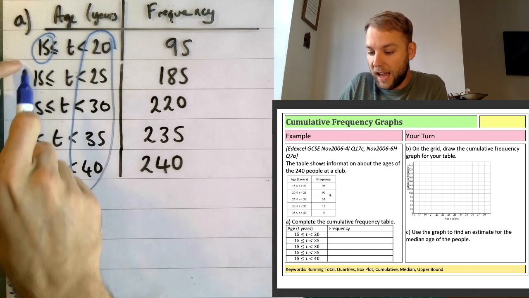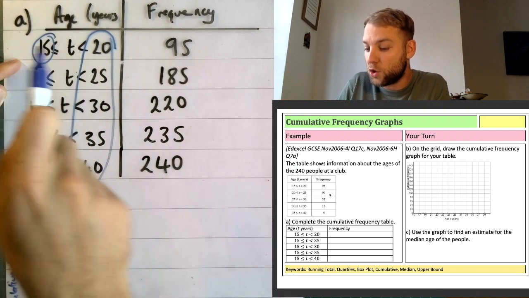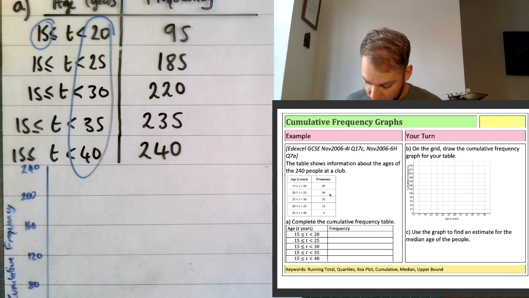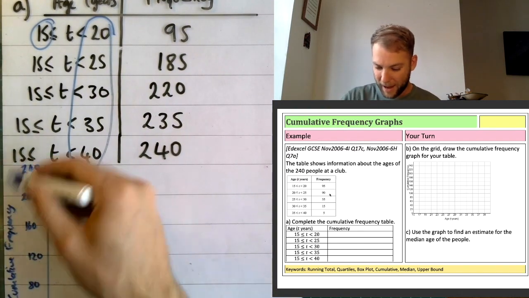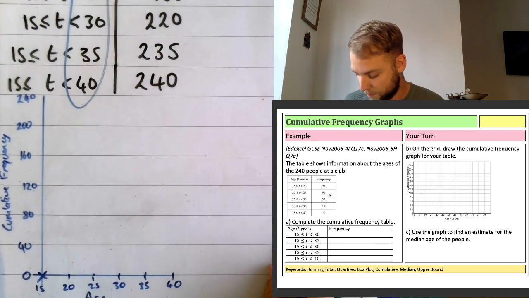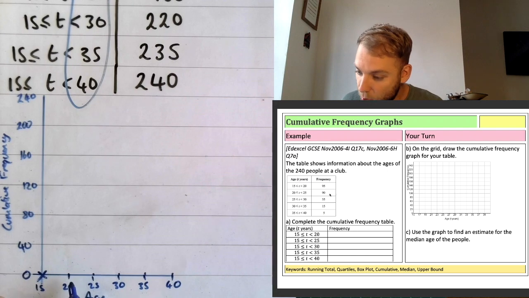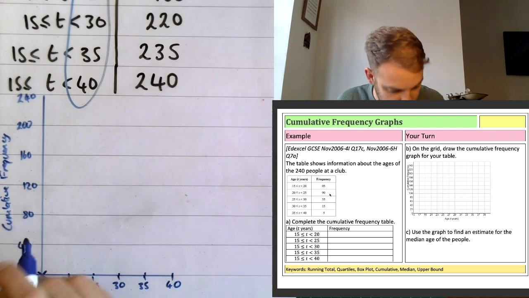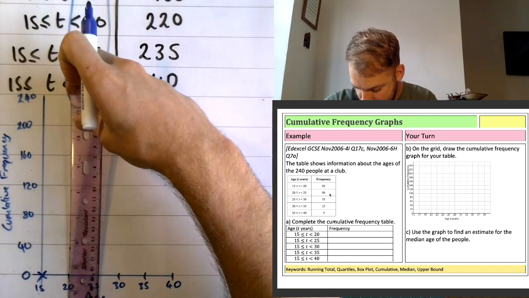So for here, it's between 15 and 20, and between 15 and 20, there's 95 people. So up to 20, there is 95 people. Now, my axis isn't great. If you have got more space, I would suggest making more space. So 20 up to 95. So halfway between that's going to be 100. So just below halfway. I'm going to use a ruler so I can see it.